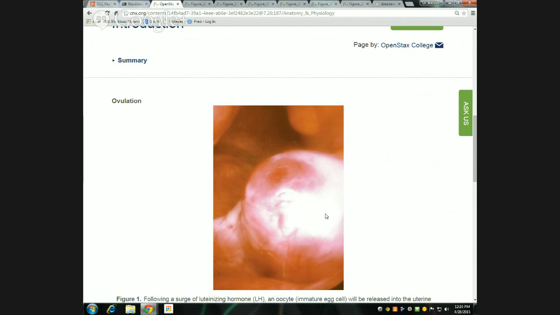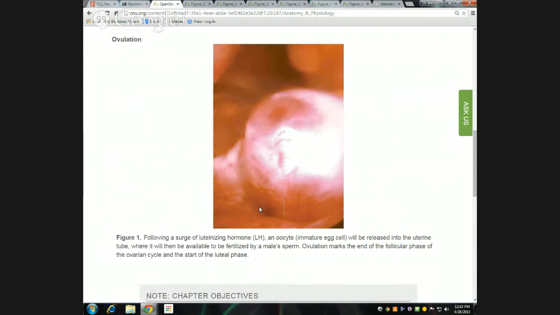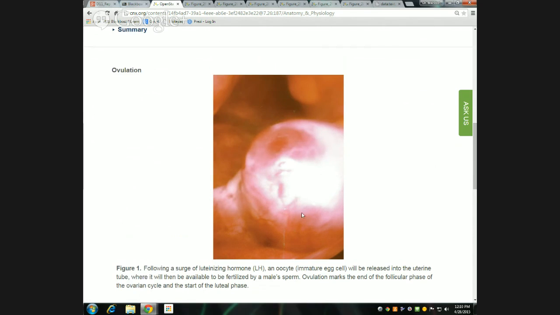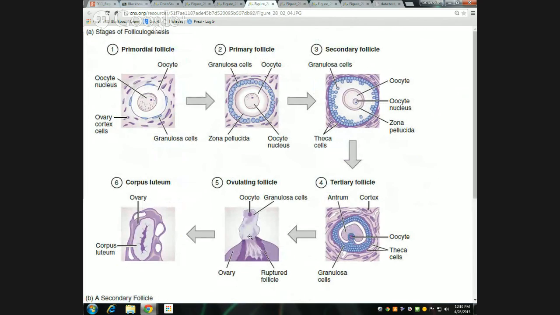And only actually, I think last year or the year before, did we have really good pictures of this kind of stuff happening in human ovaries. So this might actually be a picture from a different species. It doesn't say in the text down here what species this is from, but that's what ovulation looks like because of what's necessary to take a picture of it.